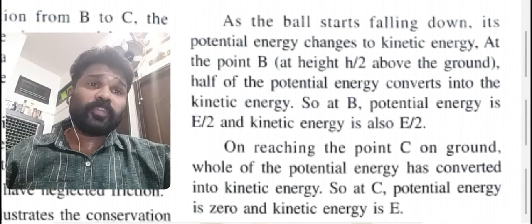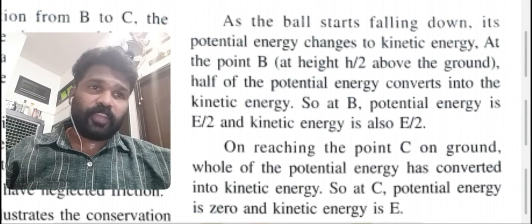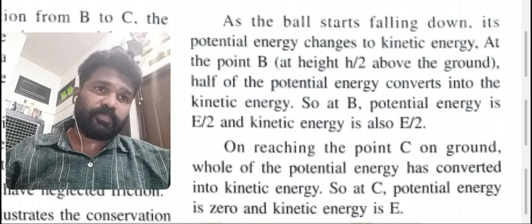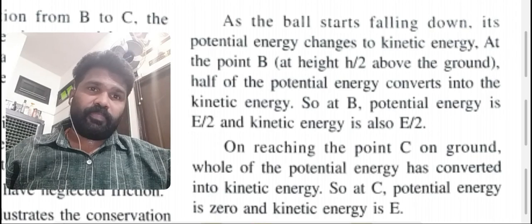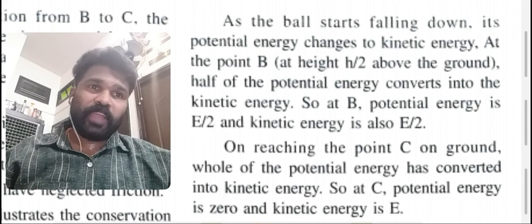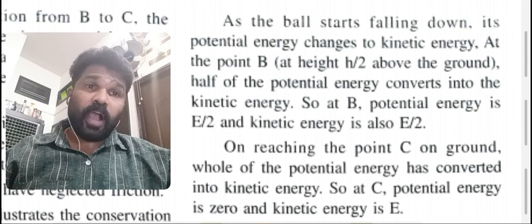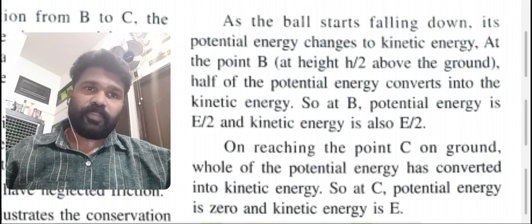As the ball starts falling down, its potential energy changes to kinetic energy. At the point B, means at the height h by 2 above the ground, half of the potential energy converts into kinetic energy.